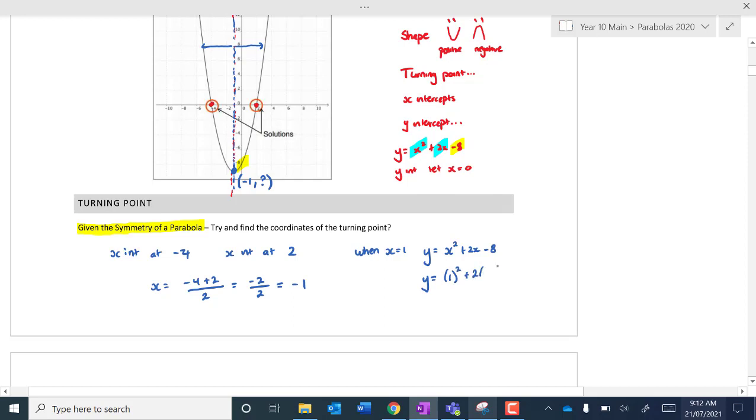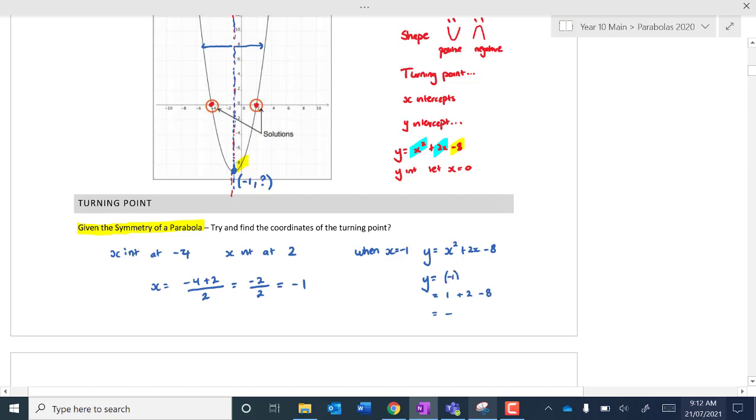Wherever there's an x, I'm going to replace it with... 1 squared is 1, 2 times 1 is 2, minus 8. Just quickly, what have I done there? Why am I subbing in 1? That's a bit silly of me. It's -1.